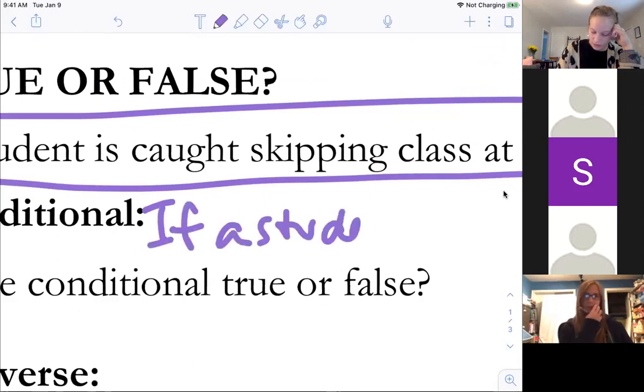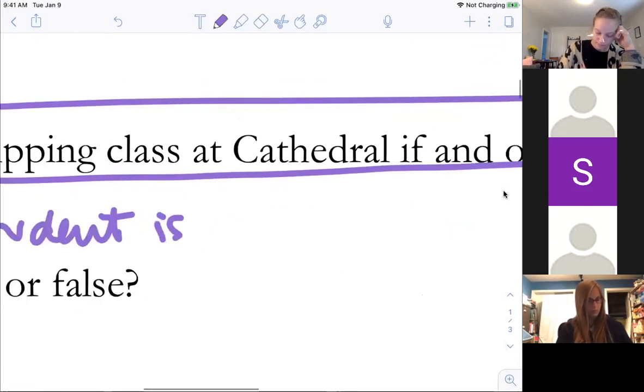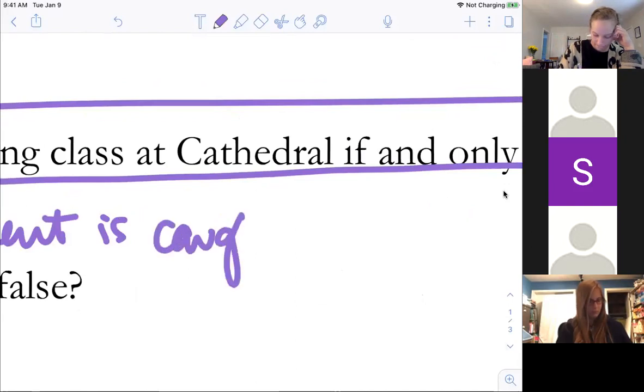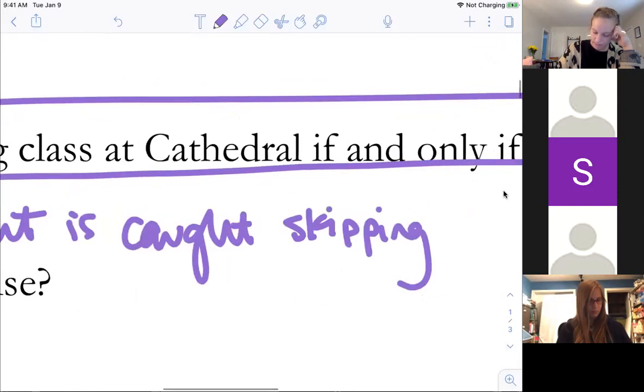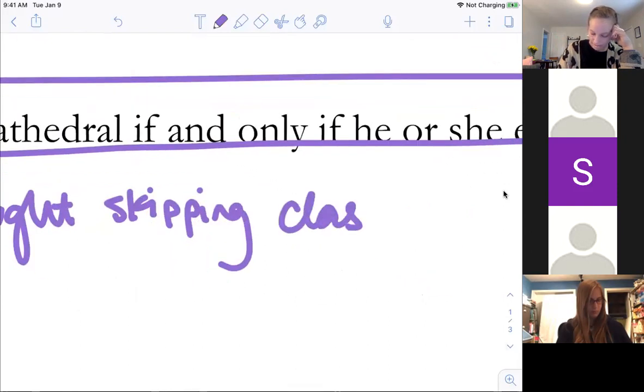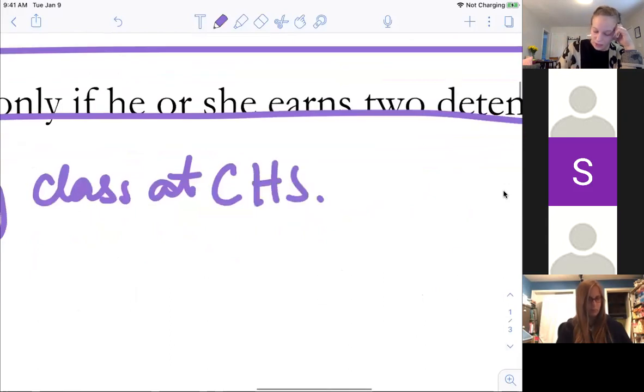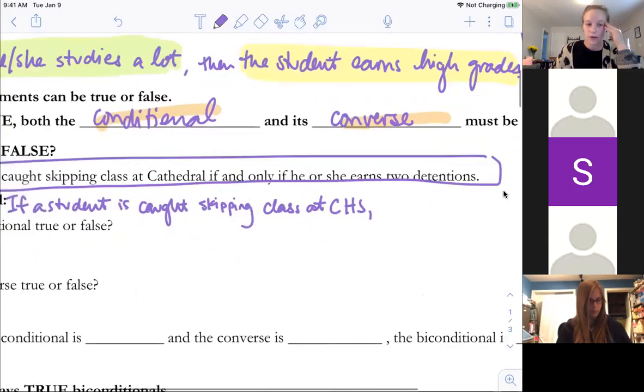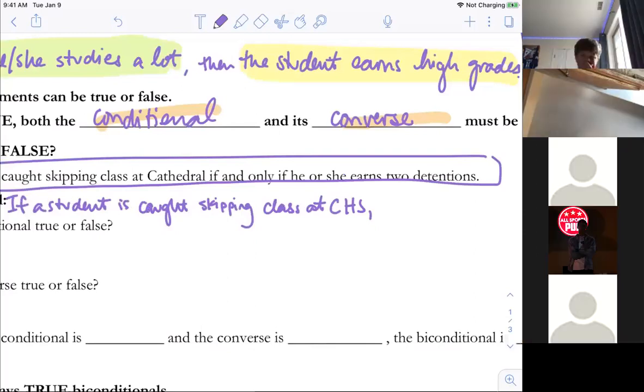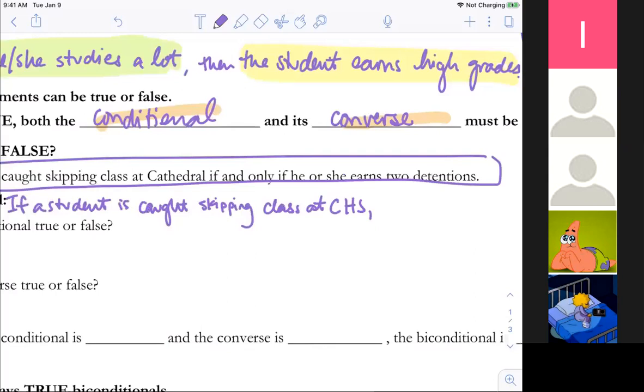If a student is caught skipping class at Cathedral. And when we have these, like the last couple homeworks and then the homework on this lesson, it feels like a ton of writing. If you feel like you're writing too much, don't be afraid to abbreviate things, especially on a test or quiz, as long as I understand what you're abbreviating.